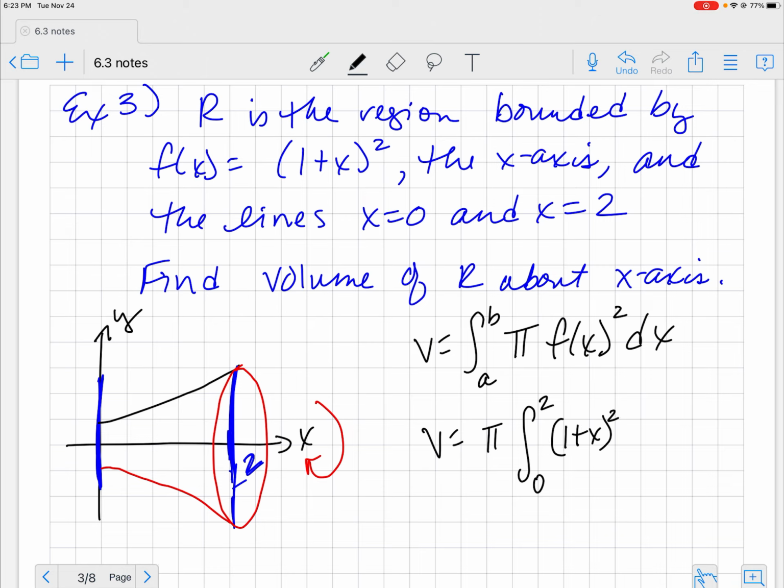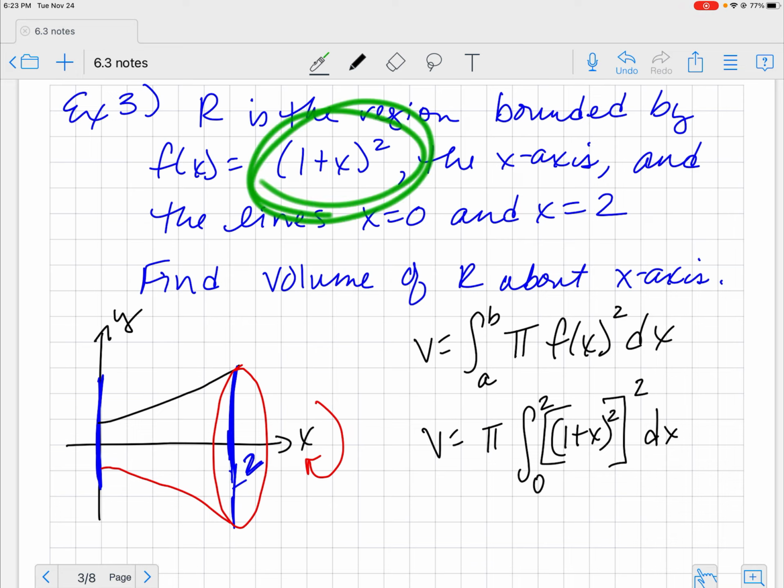I am squaring that function. You see that? So that's what goes in place of the f of x, and that's why I have the brackets here, and that's what's squared.